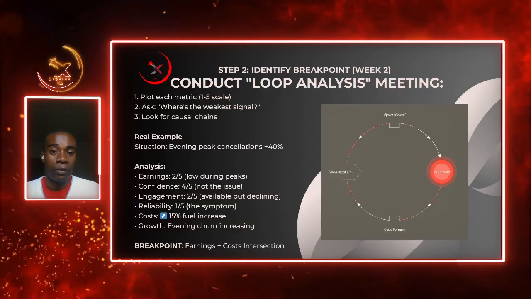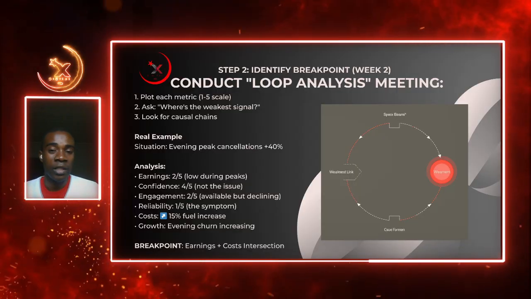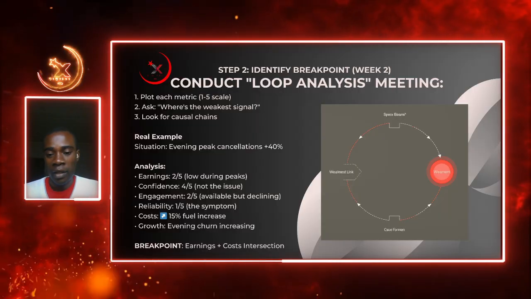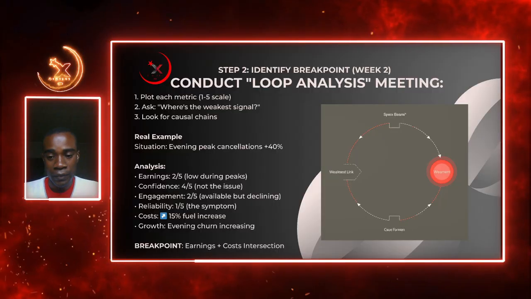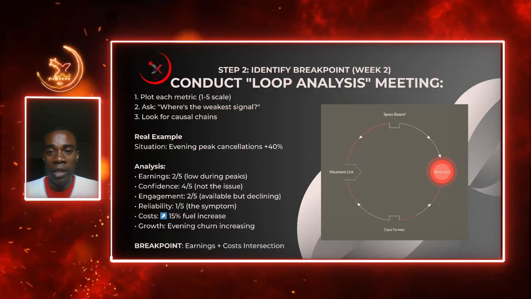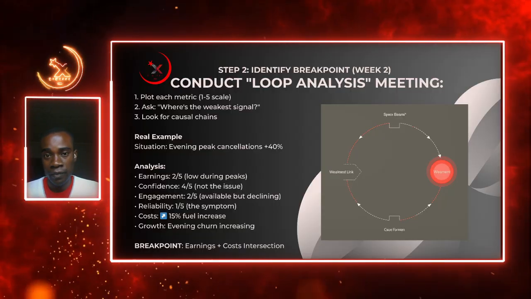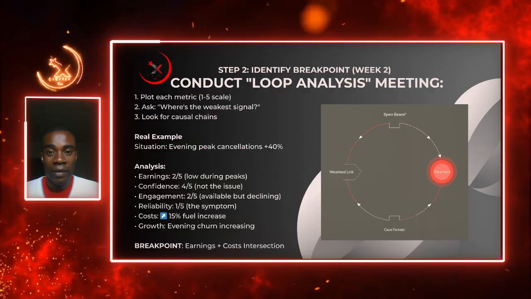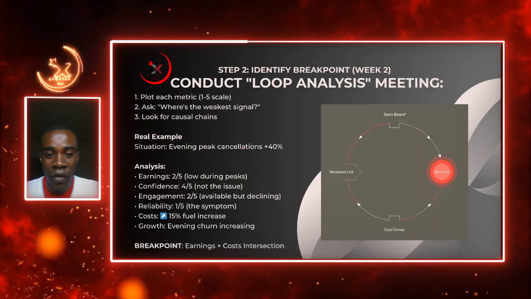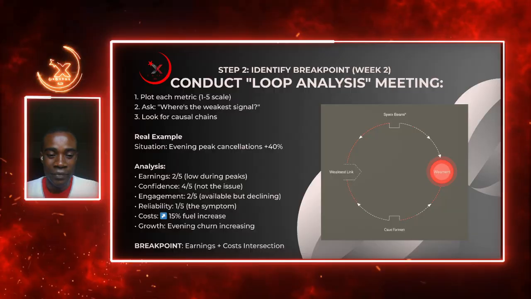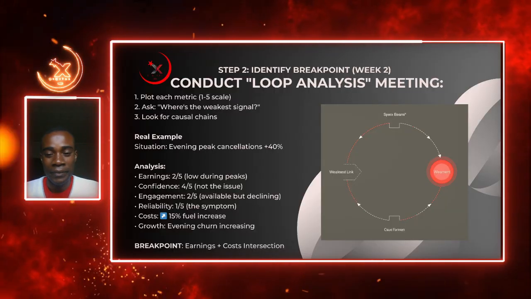So the breakpoint wasn't reliability. It was actually the intersection between earnings and cost. Partners were avoiding peak hours because the math didn't work anymore. You see, the diagnosis changed everything.